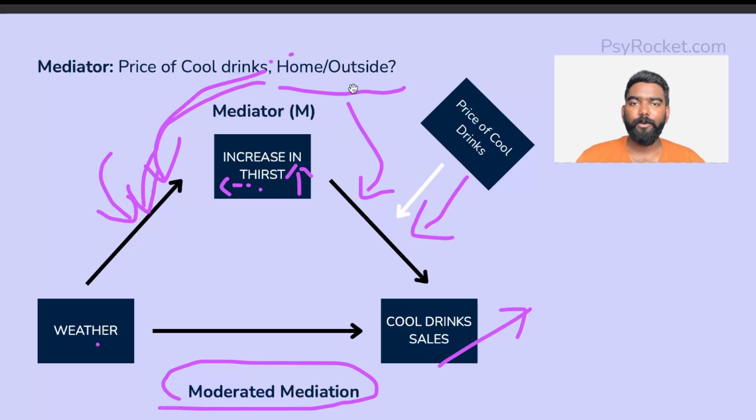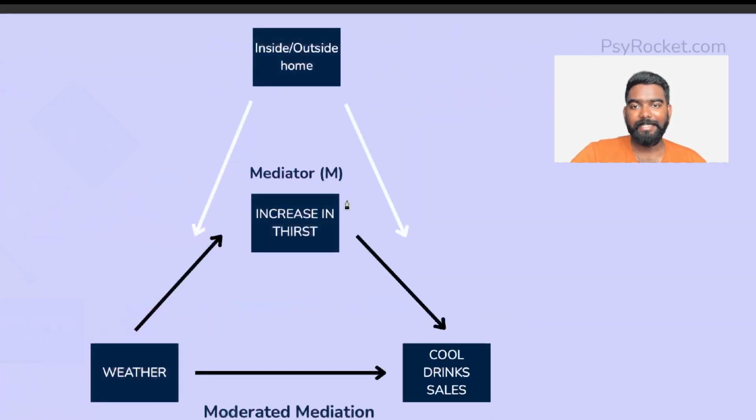If you are staying inside home, you will make a lemonade or you will just drink cool water or something and then you're done. But if you're staying outside, then you will obviously have a higher chance of purchasing cool drinks. In these cases, there is a possibility that this particular moderator will affect both of these directions.